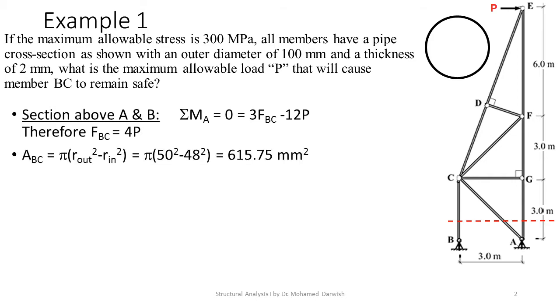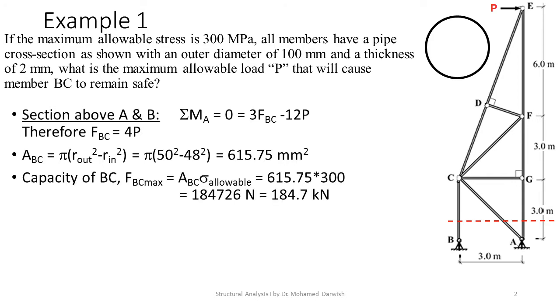Then we'll calculate the capacity of FBC. The cross-sectional area of member BC is equal to pi times the outer radius squared minus the inner radius squared, so pi times 50 squared minus 48 squared. This is equal to 615.75 millimeters squared. The capacity of the member BC is equal to this area multiplied by the allowable stress, which is 300.